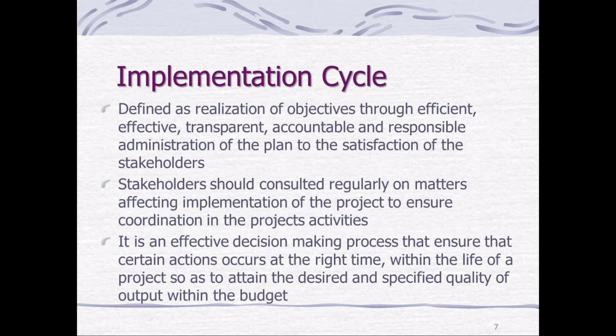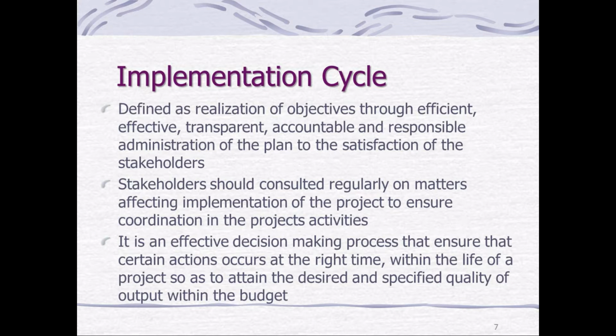So the implementation cycle is defined as realization of objectives of the project plan through efficient, effective, transparent, accountable, and responsible administration of the plan to the satisfaction of the stakeholders. Stakeholders should be consulted regularly on matters affecting implementation of the project to ensure coordination of the project activities to meet the objectives.